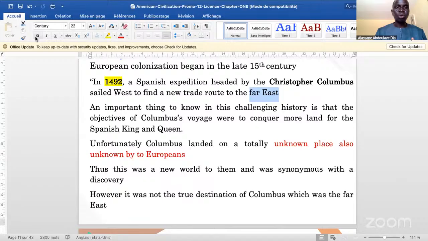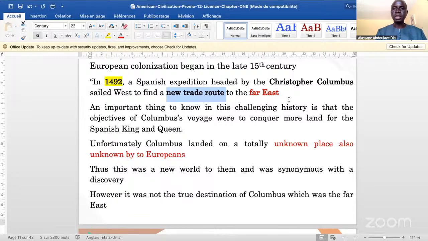Class, look at this and listen to me. Here is the objective of Christopher Columbus: to head to the west, to sail to the west, and to find a new trade route, une nouvelle voie vers l'Orient, the Far East. Christopher Columbus was going to Asia. He was not going to America. Let us clarify.